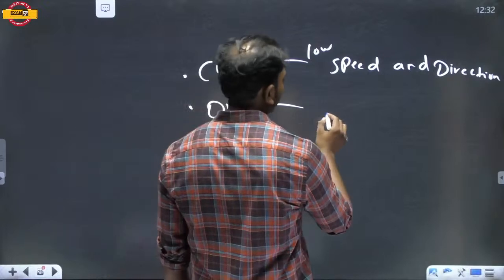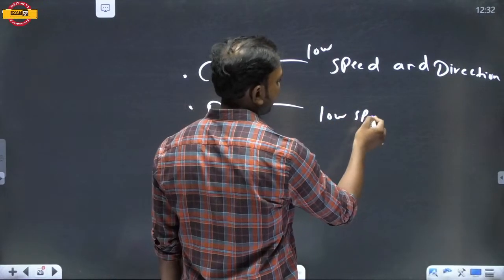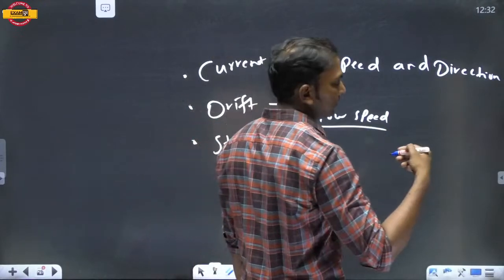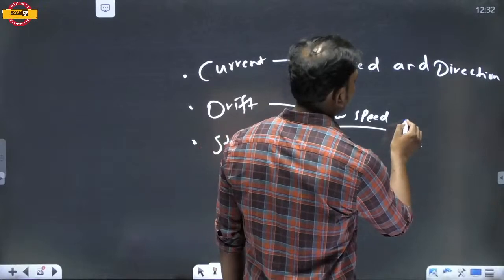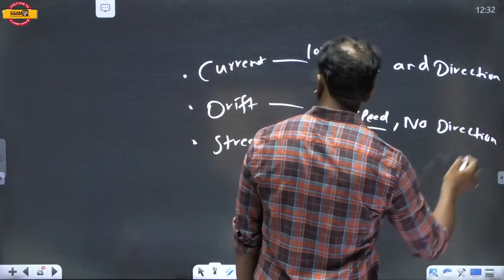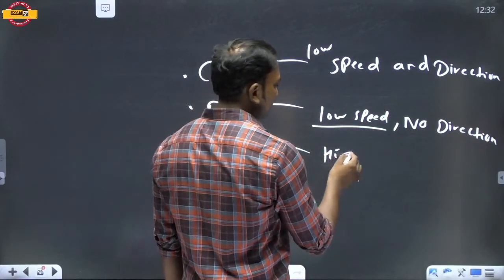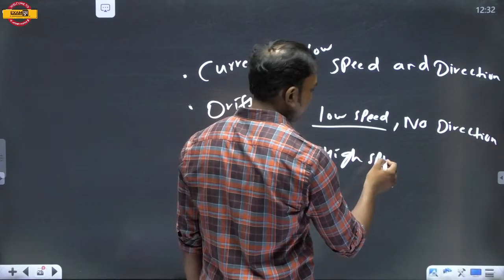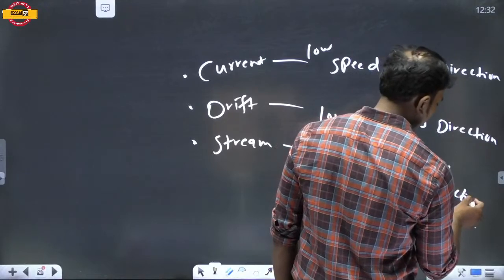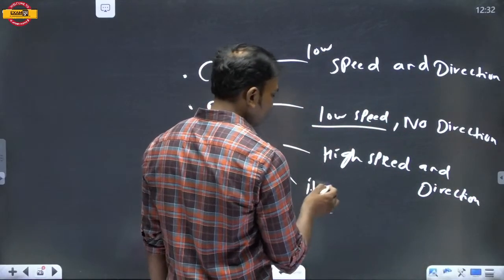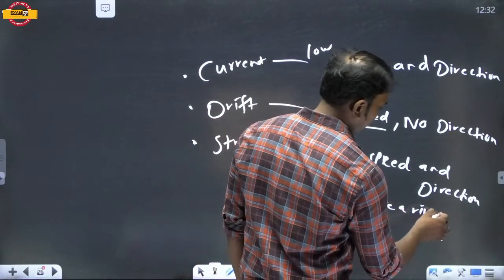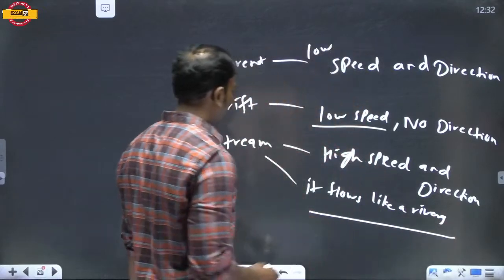What about drift? Low speed because it is influenced by the westerlies or trade winds, and no direction. And in a stream, you see high speed and direction both, and it flows like a reverse. That's the stream.